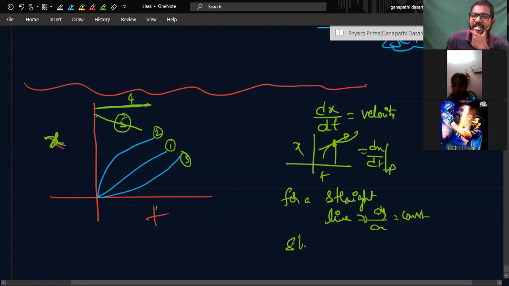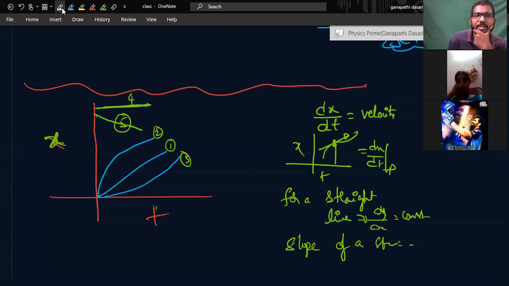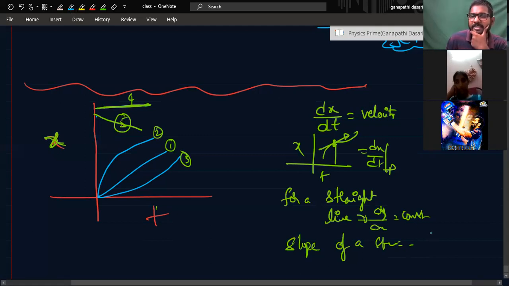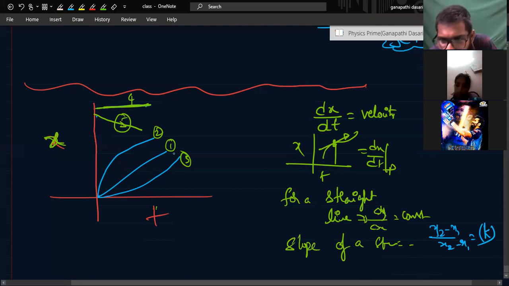Slope of a straight line is constant. Didn't you study this? Varun, you are math students, right? Slope of a straight line is y2 minus y1 by x2 minus x1, equal to constant. It will remain the same. Any two points you take, y2 minus y1 by x2 minus x1 will remain the same for a straight line.